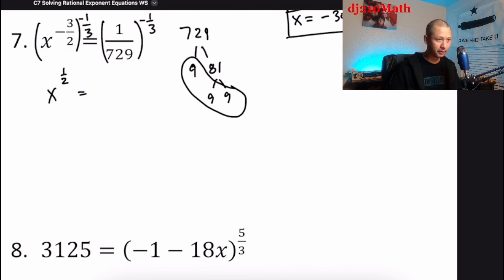And because the exponent is negative, this is essentially 1 over 9, and then because it's negative, it's going to flip it. So basically, it's just going to be 9. Square both sides. X is equal to 81, 9 squared.